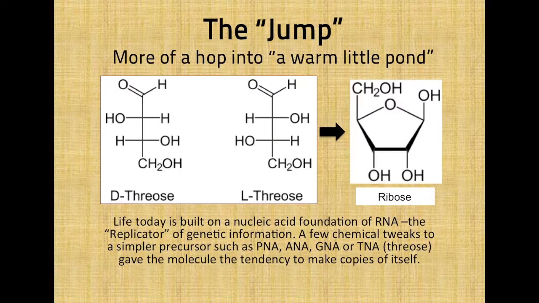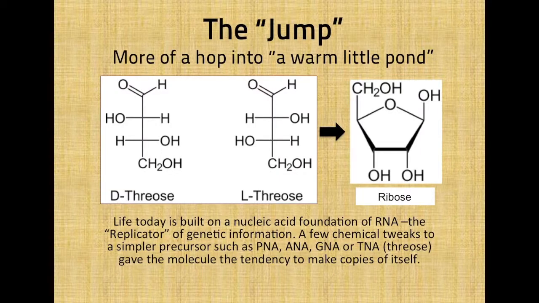And so if you ask the question, what happened at the jump to life? You can think of it more as a hop into what Darwin called a warm little pond that he imagined, right? And so in the warm little pond, you have various things floating around. Today, life is built on a nucleic acid foundation, which presumably it always has in some manner since it's been called life.